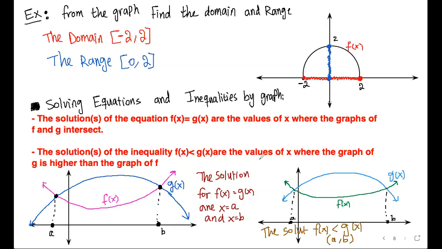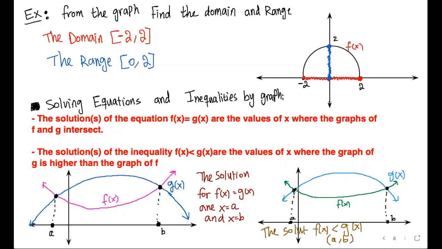For the second one, when the question asks what's the solution when the curve g of x is greater than f of x, we're looking at the two curves. We're looking at which curve is above the other. If we look at the blue one, I see the blue curve is above the green curve, starting from this point up to this point.